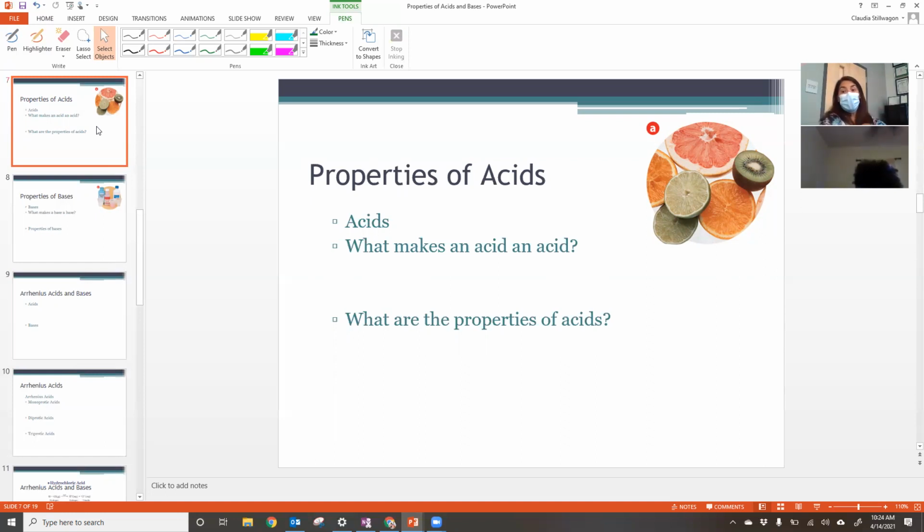So let's think about some of the properties of acids. When you bite into a lemon or a warhead, what do you notice? Sour. Okay. Their main ingredient is citric acid.